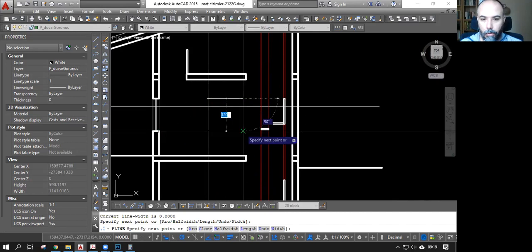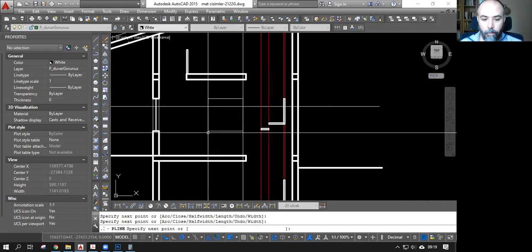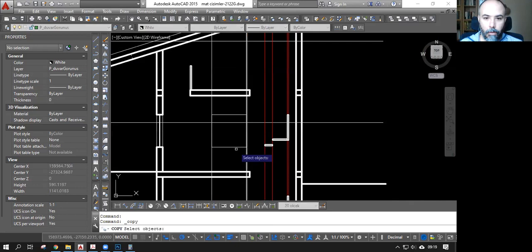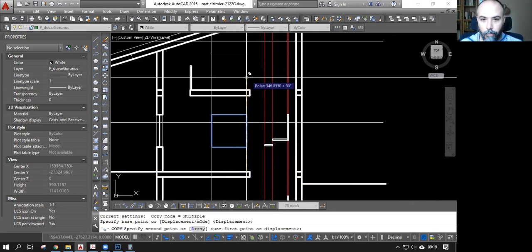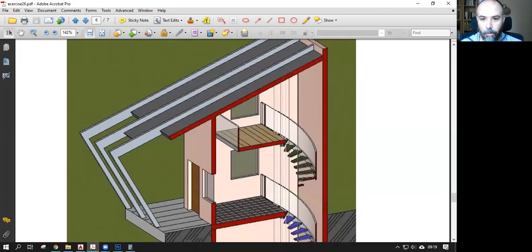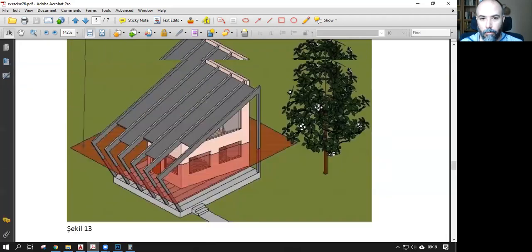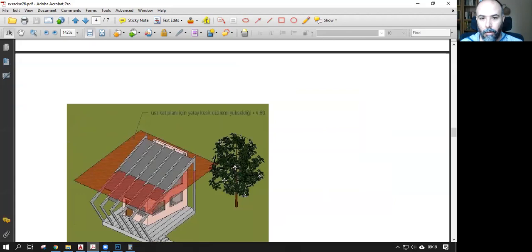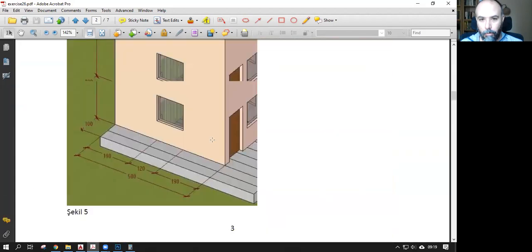I can transfer its height from there, and I can have the same here. However, it's not exactly the same because of the roof. So I need to check its height from my image here.